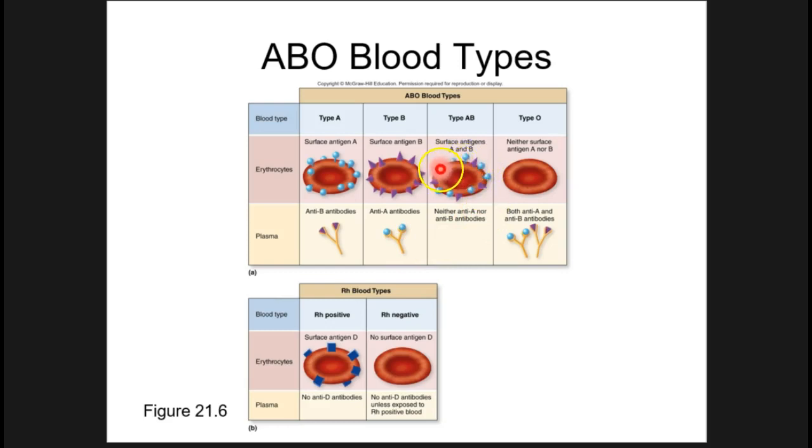If you have both type A and B, by definition, you can't have either of these antibodies. Either one of these antibodies would kill you. But if you are type O, you now have both antibodies. So putting either A or B antigens into this system would destroy those. Okay.